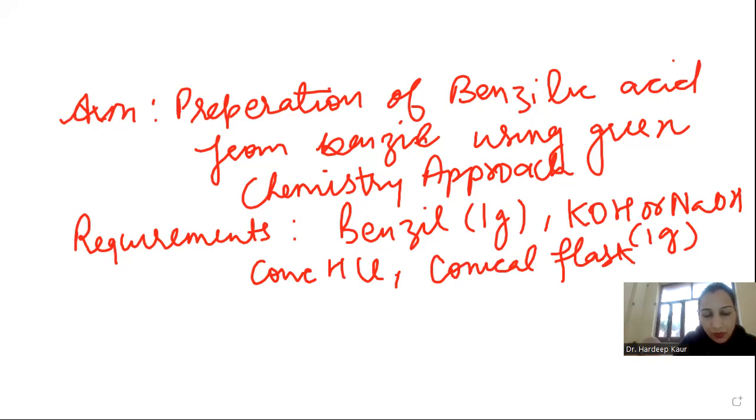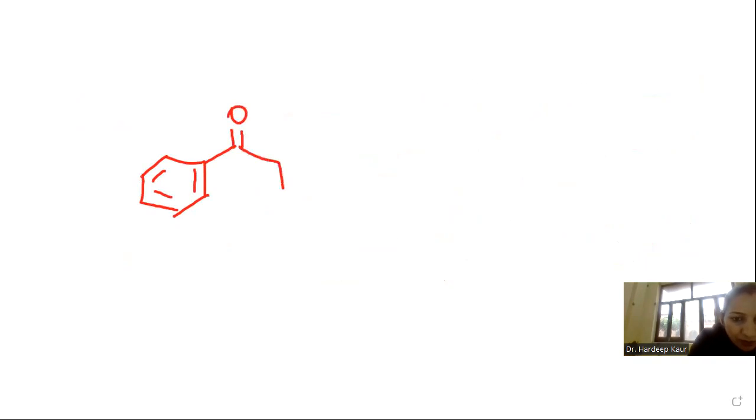Now, why are we using the green chemistry approach? In the conventional method, we use 50% alcoholic potassium hydroxide, and we carry out the conversion of this Benzil into benzilic acid.